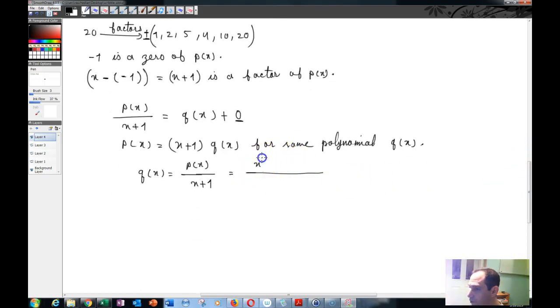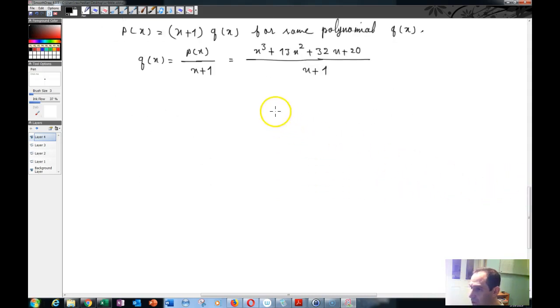So that's x cubed plus 13x squared plus 32x plus 20 over x plus 1. Okay? And so you can do this division, so meaning that you can write x cubed plus 13x squared plus 32x plus 20 and divided by x plus 1.